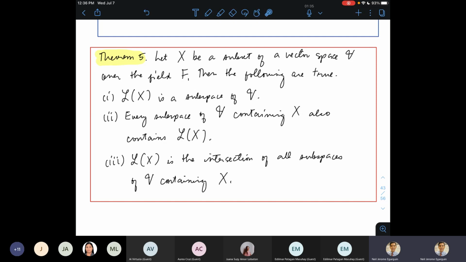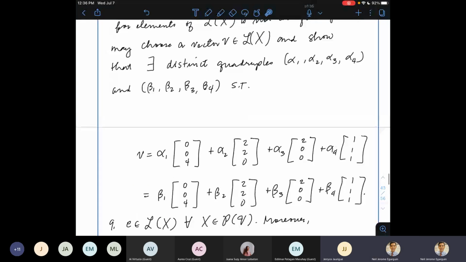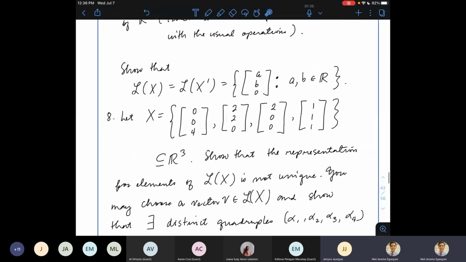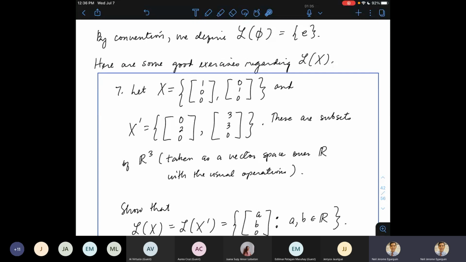Sure, I don't have a question, but is it possible that you can show us first a quite concrete example, because we cannot actually digest, starting from the beginning, the exercises number 7 up to 9. Actually, we cannot see how things will work. You mean concrete examples of curly L of X?